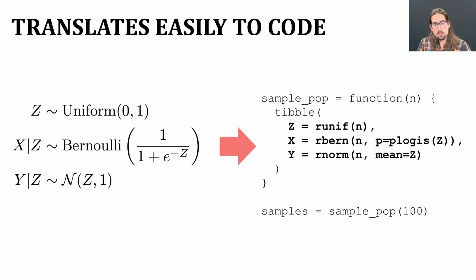We also talked about how to sample from a given distribution like uniform or Bernoulli or normal, and the code to sample from a joint distribution very much mimics this kind of notation.